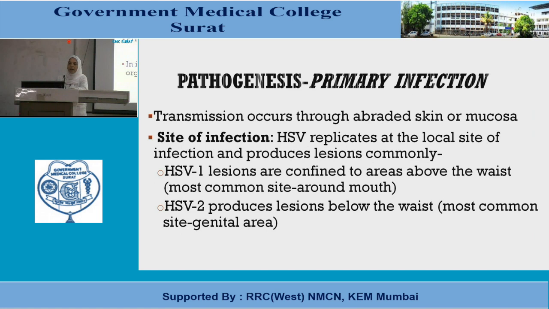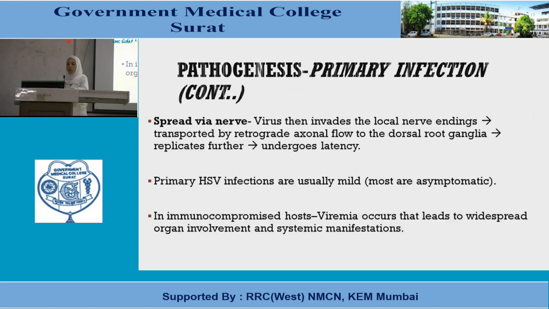Now how they spread is, they spread through the local nerve endings and in retrograde axonal flow to the dorsal root ganglia, replicate there, and then stay there, undergoing latency. Primary herpes simplex virus infections are usually mild and asymptomatic.